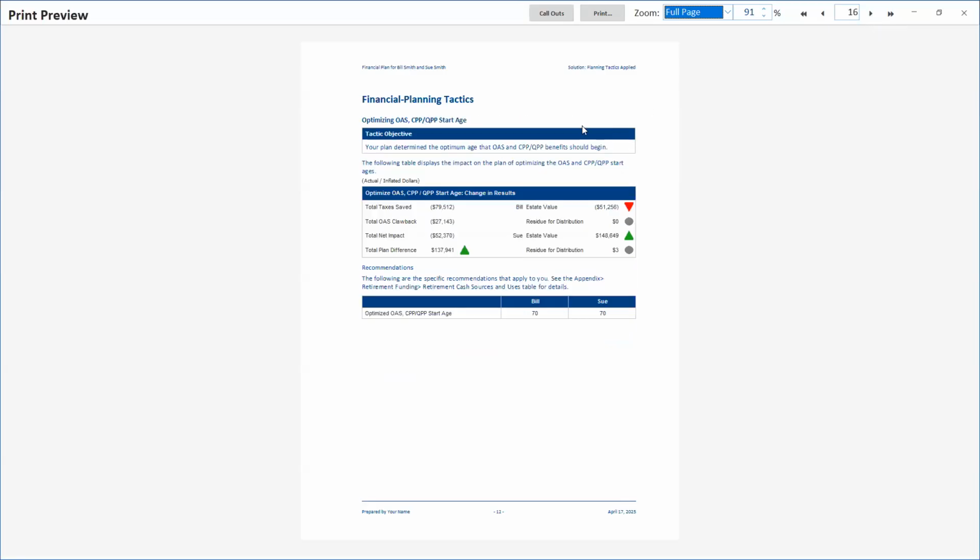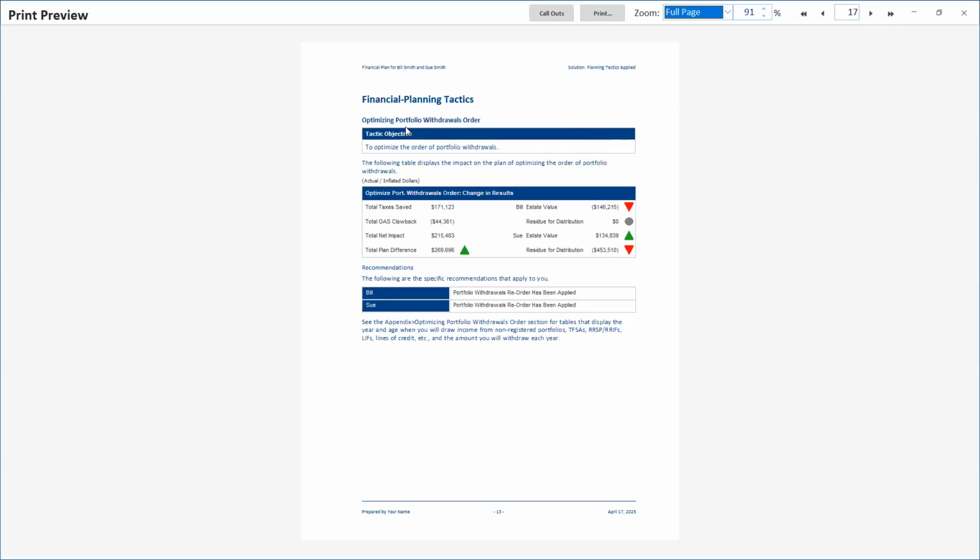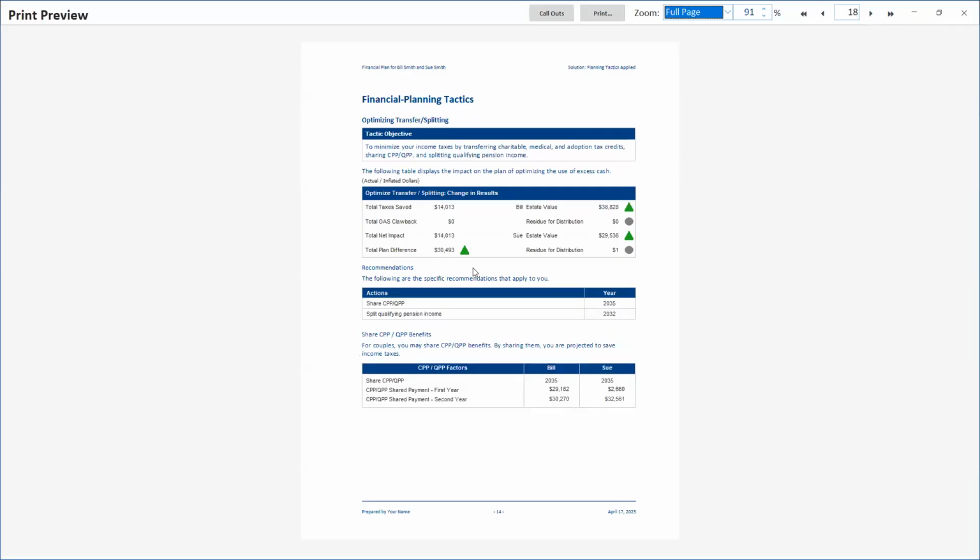Next, applying OAS CPP starting at age 70. Next, the portfolio withdrawals order, and again references the appendix for details, and then applying the splitting of pension income and also the start dates for CPP or QPP.